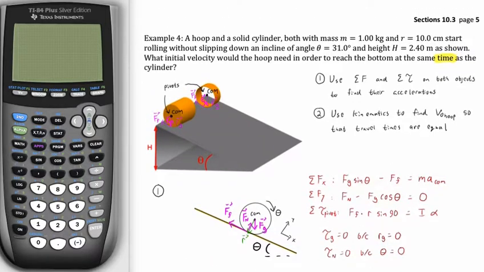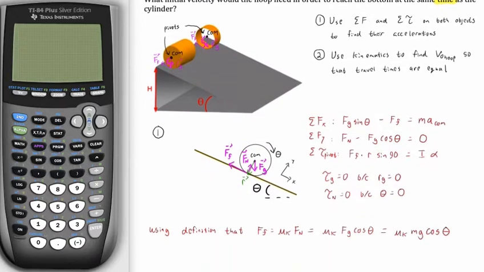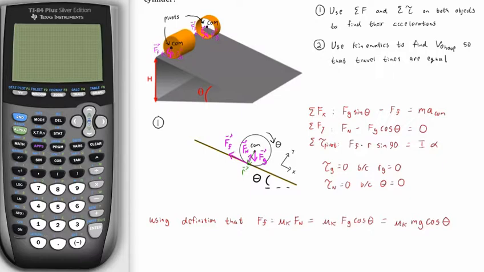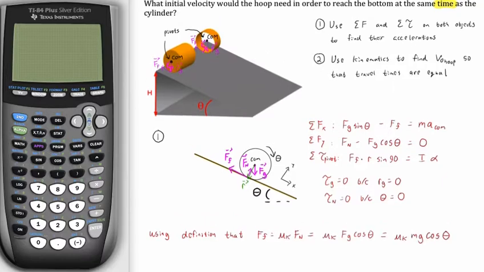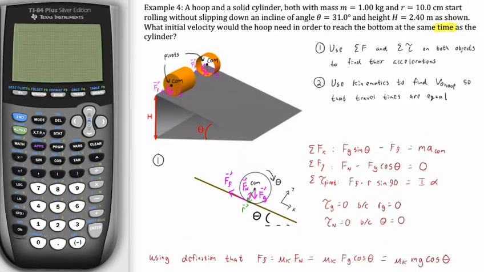So what I want to take a look at here, though, is that I noticed there's a missing piece of information. I meant to define the friction coefficient here. So let me do that. Actually, never mind. I don't have to define the friction force. We could solve for it if we wanted to, but the friction force is actually implied by the very fact that these two objects are rolling without slipping.